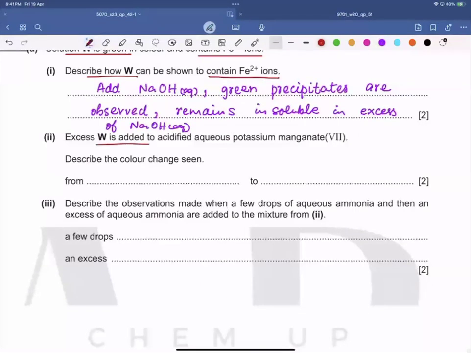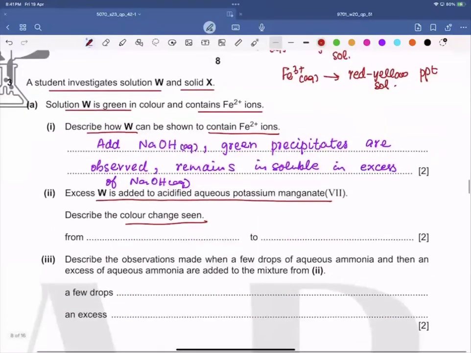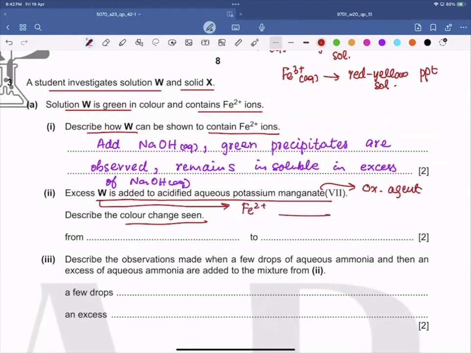Now, excess W is added to acidified potassium manganate. Describe the color change seen. So, yes, the color change is... See, potassium manganate is an oxidizing agent, right? So as it's an oxidizing agent, and as we know, W contains Fe2 positive, on adding potassium manganate it turns to Fe3 positive, right?